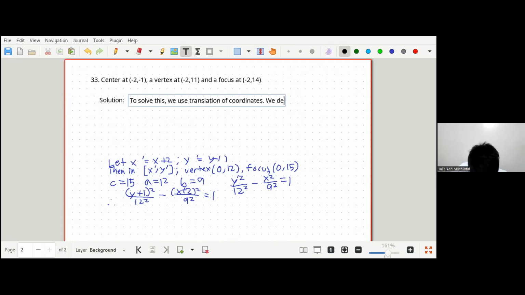We define the x prime, y prime coordinates using, okay, so ayan. So ito yung definition ng translation.